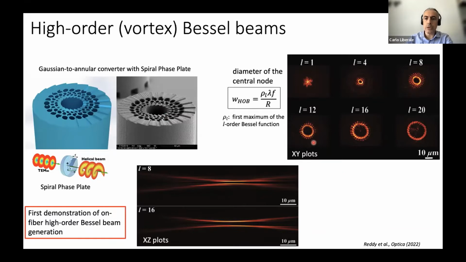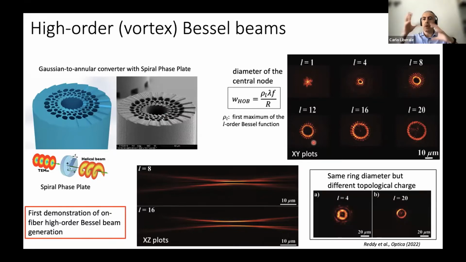Again, this is the first demonstration, and interestingly, because we can tune so well the optical properties, we are able to control and create, for instance, two beams with the same diameter but very different topological charge, because you can change the diameter of the annular beam, the focal length, whatever, but with very simple geometrical control, you can achieve this type of result.